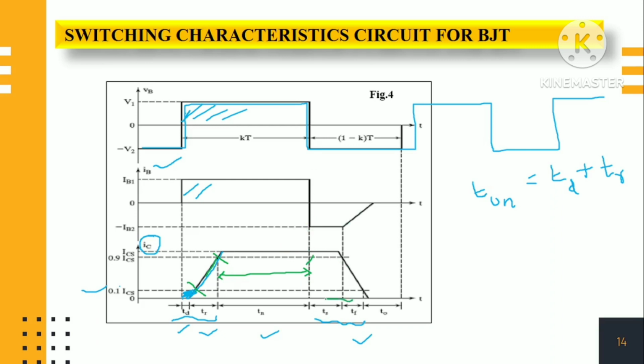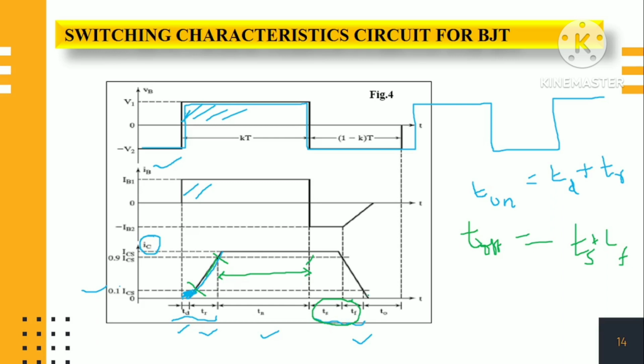This area is called the off time, Toff equals Ts plus Tf. This is just opposite to the delay time and rise time.